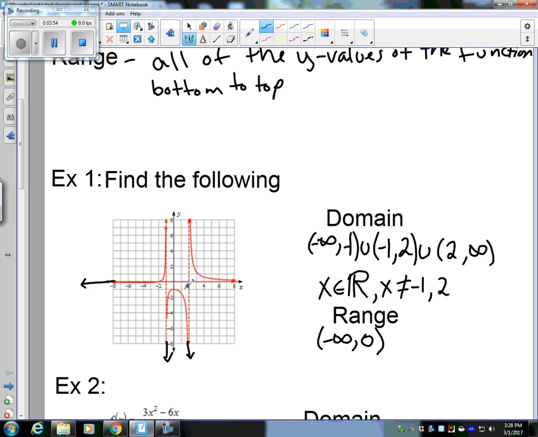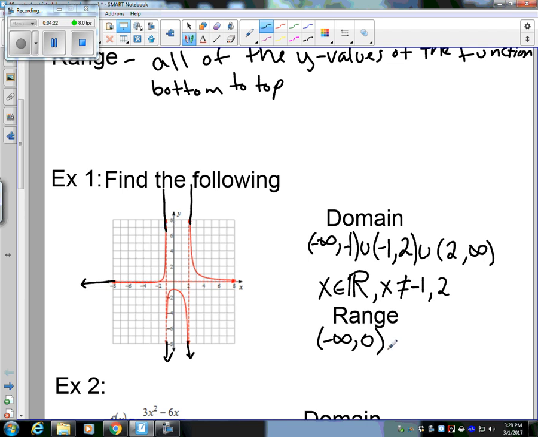And I know there's three parts to the graph, but range-wise, there are multiple parts at the same y value. If I stopped here at 2, there are two parts of the graph at that y value. I just want to name all the y values that the graph is at. So all I'm looking at is one asymptote. Both these graphs go up and up and up forever along the asymptote.